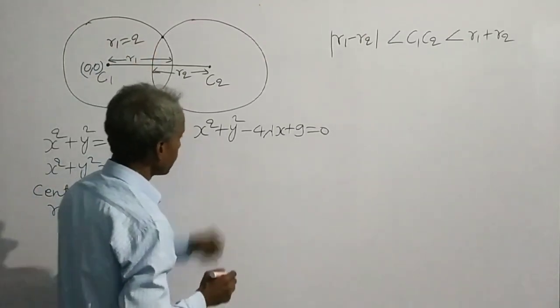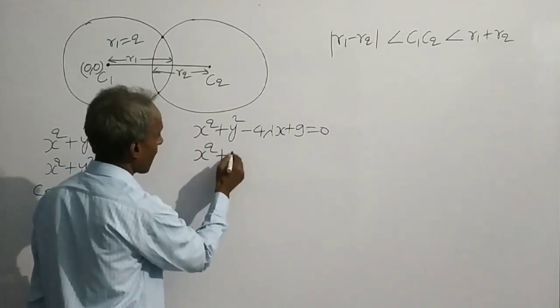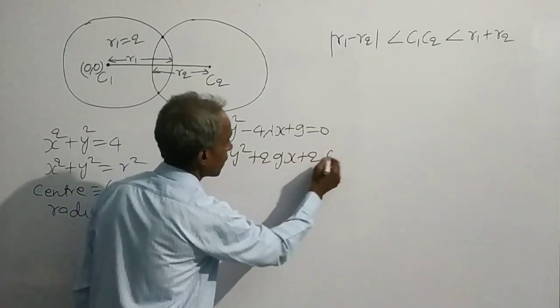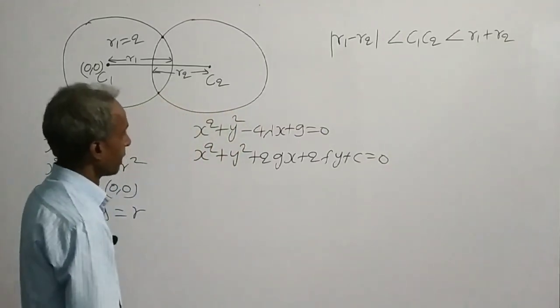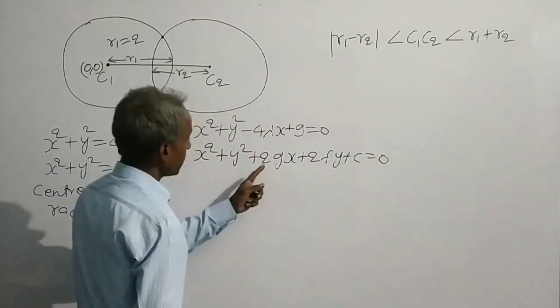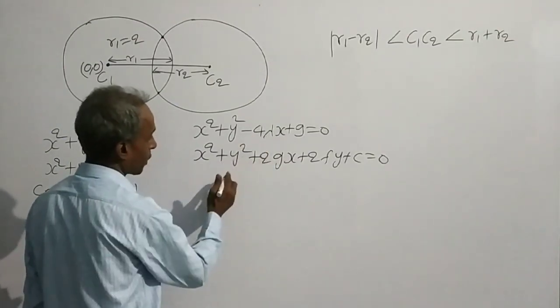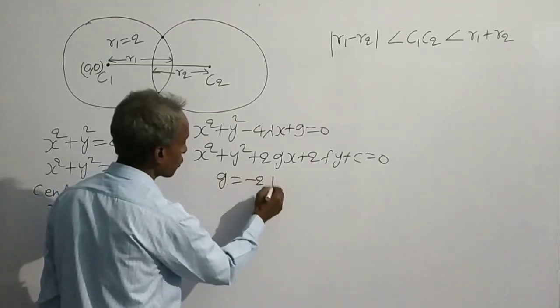Now we compare this equation with the equation x square plus y square plus 2gx plus 2fy plus c is equal to 0. Comparing with this equation, we see that 2g is equal to minus 4 lambda. That means g is equal to minus 2 lambda.